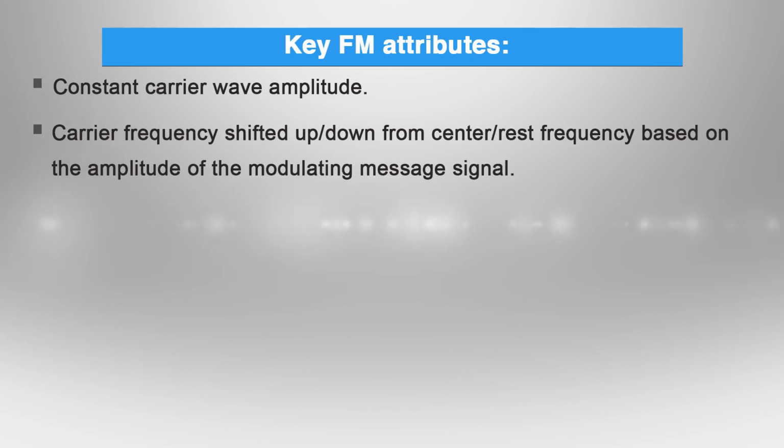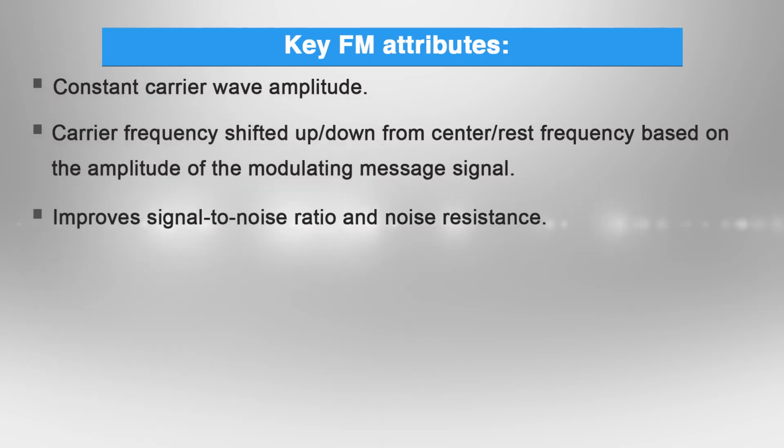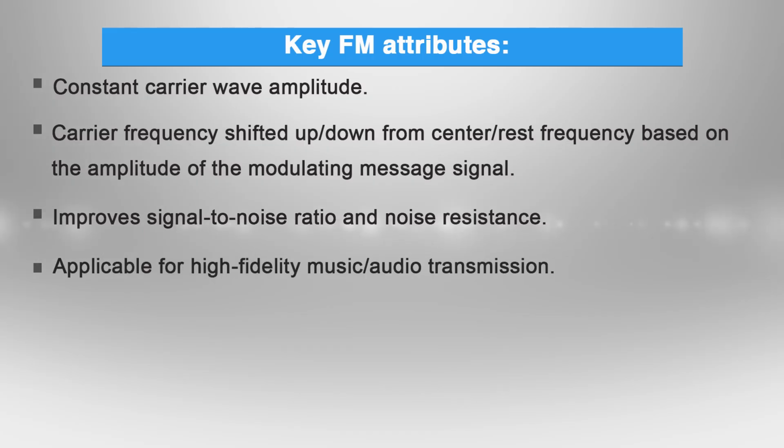Some key frequency modulation attributes are: it has constant carrier wave amplitude, also carrier frequency shifted up or down from center or rest frequency based on the amplitude of the modulating message signal. It improves signal to noise ratio and noise resistance. It is applicable for high fidelity music audio transmission.